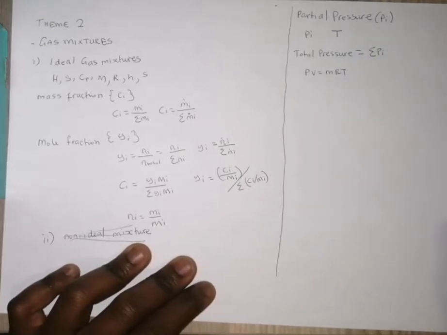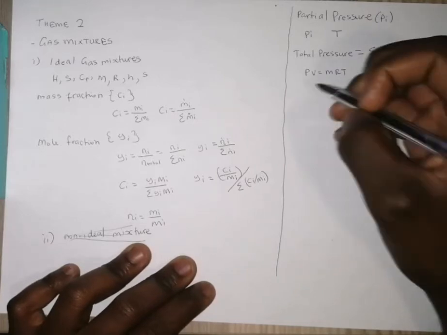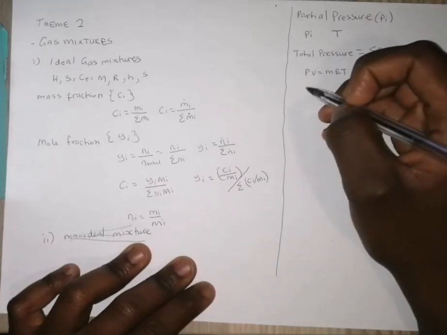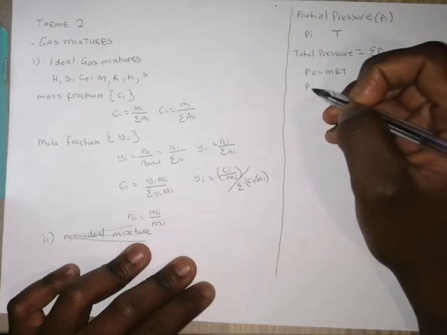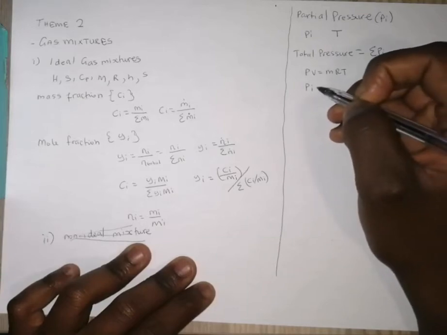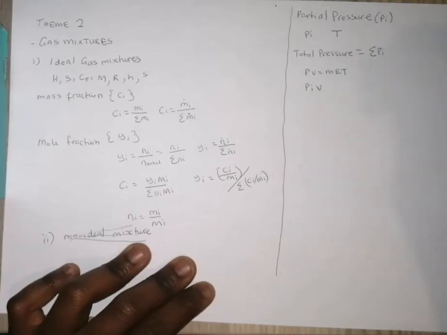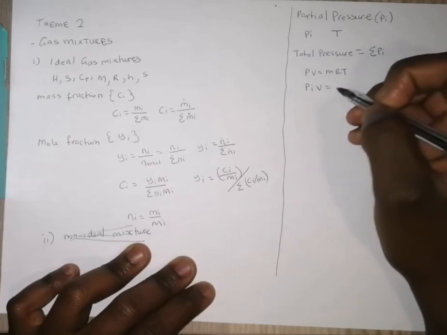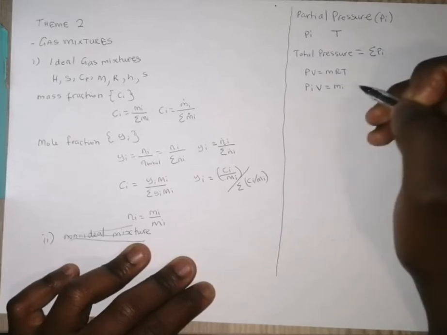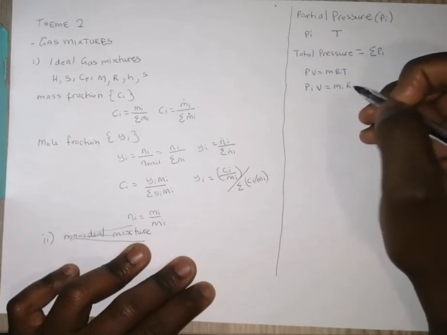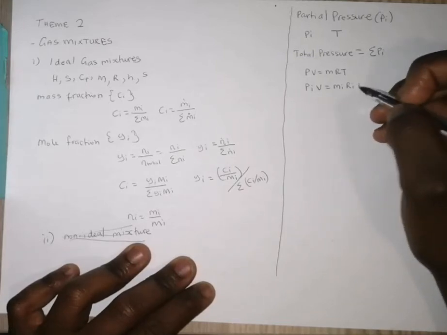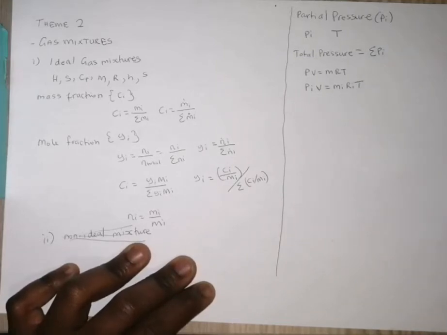So what we're going to do now in gas mixtures is, we said each gas has its own pressure. The volume is the same since it's in the same container. It also has its own mass and its own R value, but the temperature is the same.